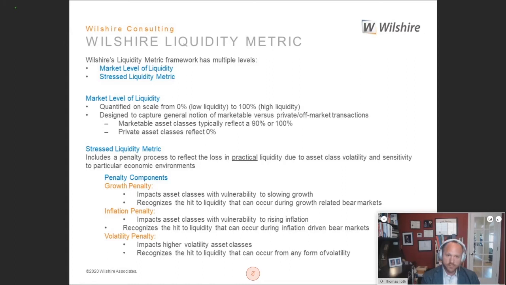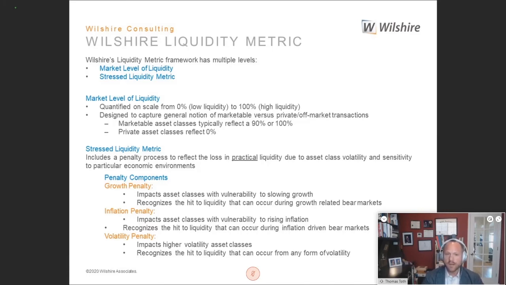The stressed liquidity metric is really trying to define practical liquidity given an asset class's volatility and sensitivity to various economic environments. And it essentially incorporates penalties across three dimensions: growth and inflation, and then risk environment, or a volatility penalty. And so the simplest way to think about it is for an asset class like global equity. During the normal course of business, it is a relatively liquid asset class, which can be sold in order to generate liquidity or sold for rebalancing purposes.